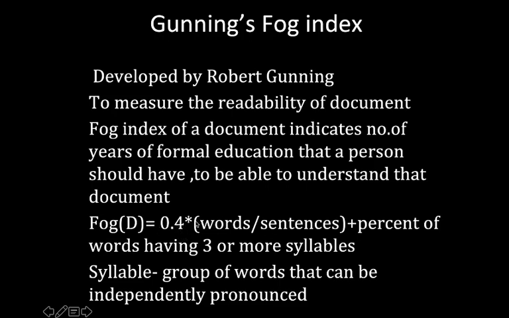If we have a software document as a paragraph or a textual document, then we calculate 0.4 into total number of words divided by number of sentences in that document plus percentage of words having three or more syllables. And if we get some value like 15 or 20, that means you need at least 20 years of formal education, then only you will be able to understand that document. So that's the meaning of Gunning's Fog Index.